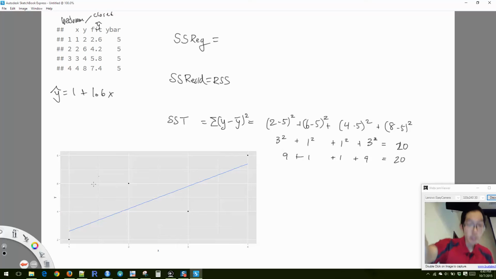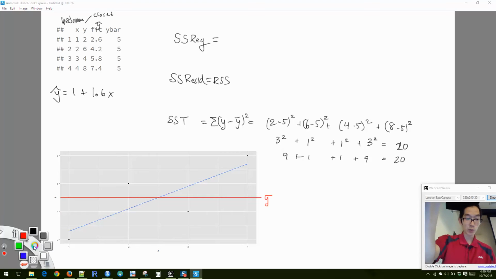And the idea there is I'm going to draw kind of a red line at y equal to 5. So this here represents y bar. And so for the total sum of squares, I'm going to just draw a green line.